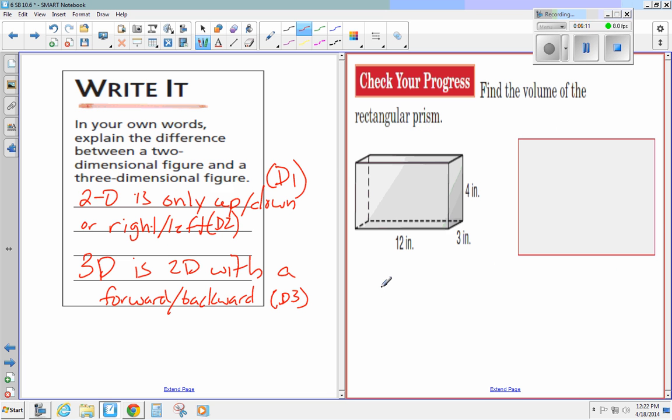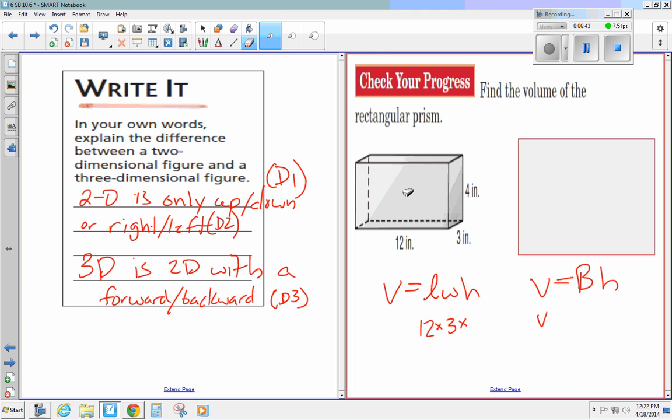All right, find the volume of this. So you should actually probably pause the video and either use length times width times height, or the area of the base times the height. Either one will give you the same solution. But these are the formulas that you must write down. So let's use this one. 12 for the length times 3 times the height. Well, the height, I'm sorry, the height is actually 4.